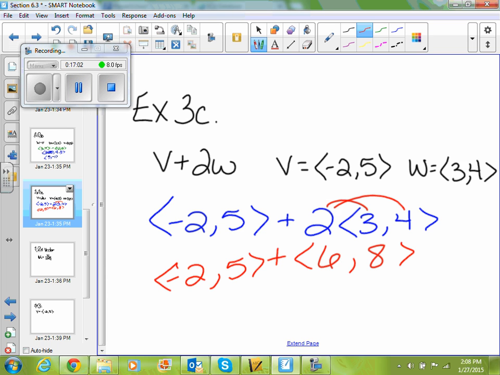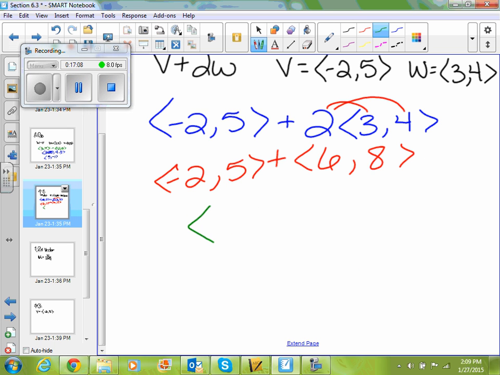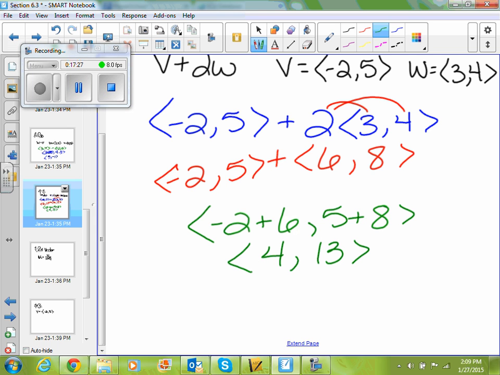I'm still adding -2, 5 to that. So we just group the things that are the same. Our first terms group together, so -2 plus 6. 5 plus 8 groups together. -2 plus 6 is 4. 5 plus 8 is 13. So v plus 2w is 4, 13.